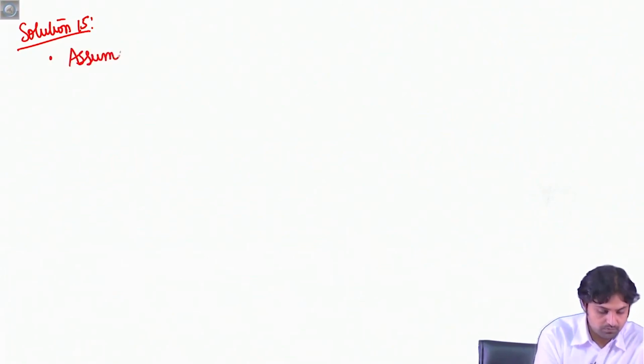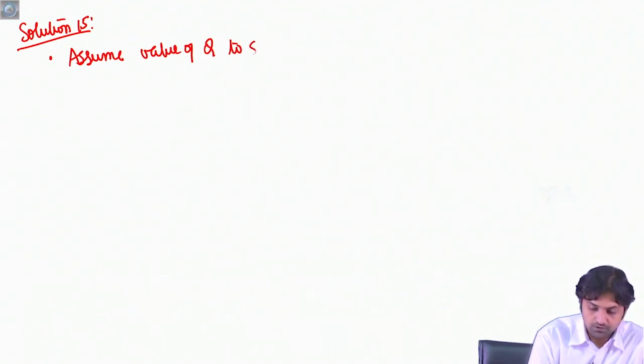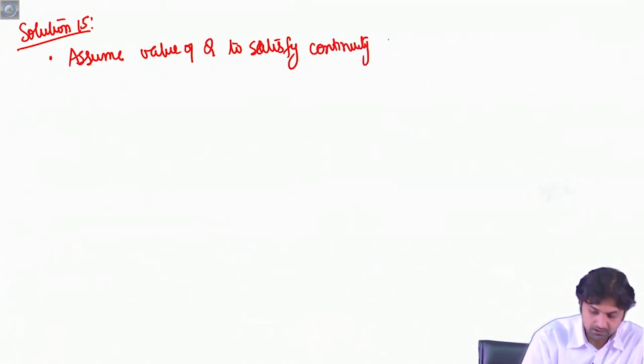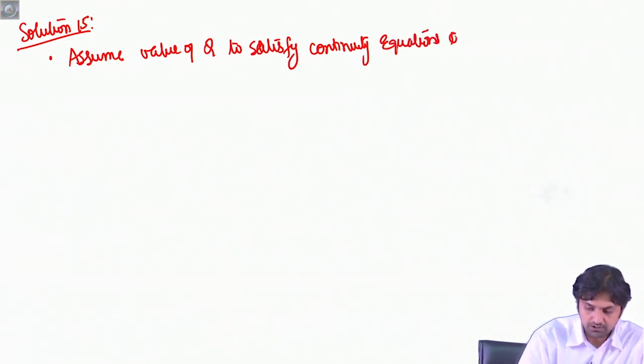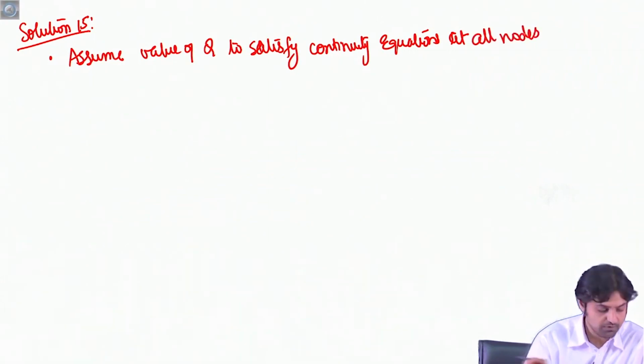Assume a value of Q to satisfy the continuity equations at all nodes. So, there were 4 nodes, right?